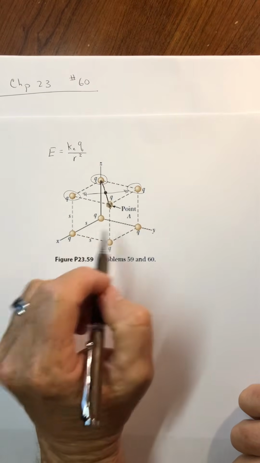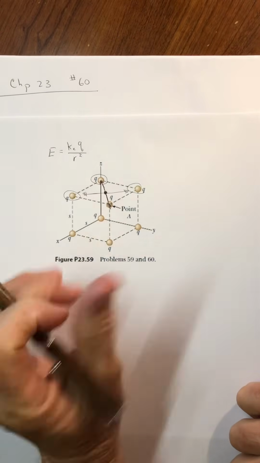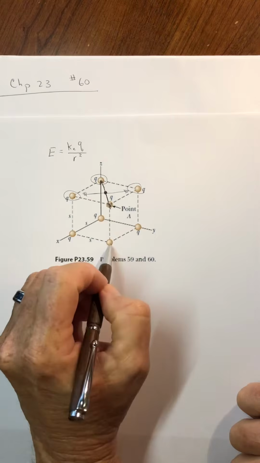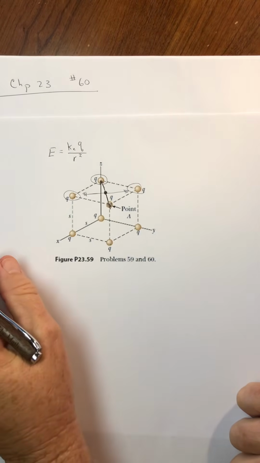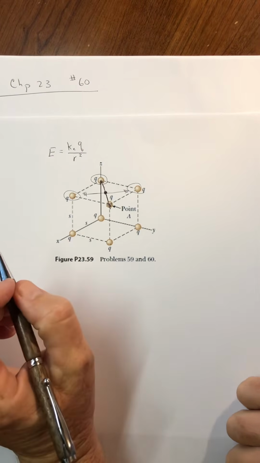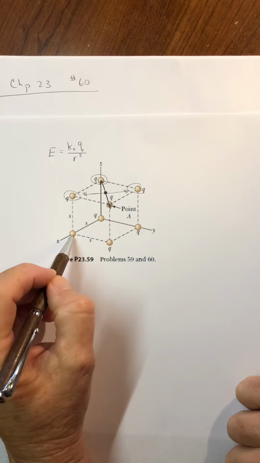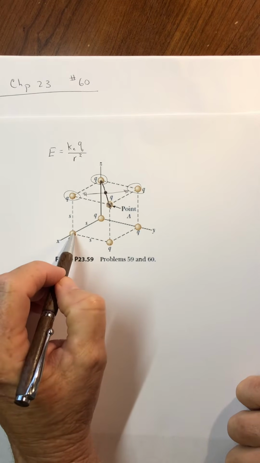I couldn't get the total electric field, although I'm technically adding up all 8. I only have to add up the bottom 4 because the top 4 came out to be 0. And it even gets better. Watch this. Let's look at the electric field from this bottom left corner here along the x-axis.